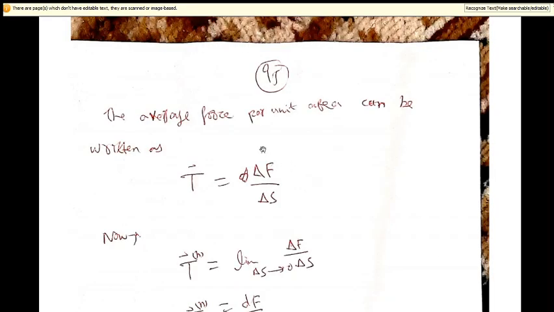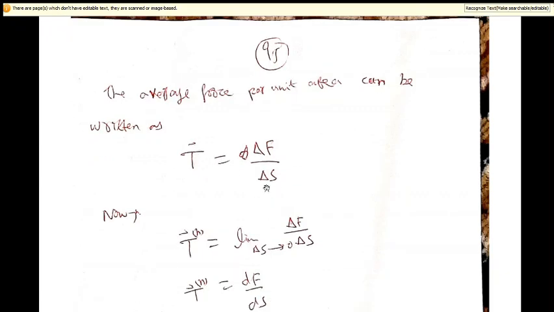So what can we write? We can write the average force per unit area in this way. Force per unit area, we denote by T. We can take its limit. By taking the limit, we mean that the surface separating the continuum into two parts is so small that it is negligible.